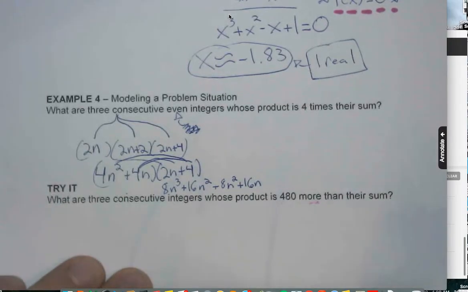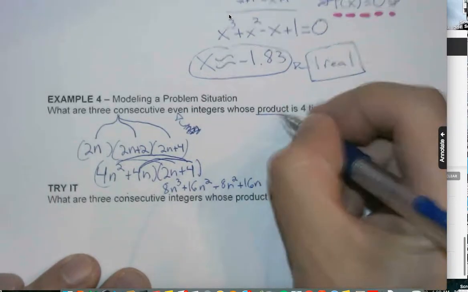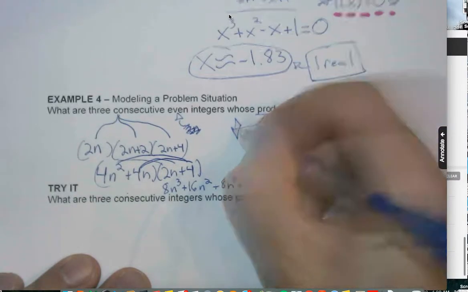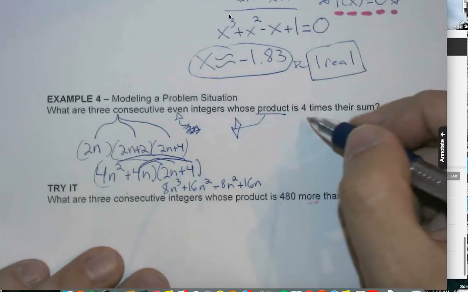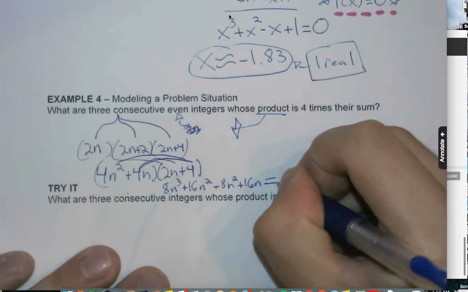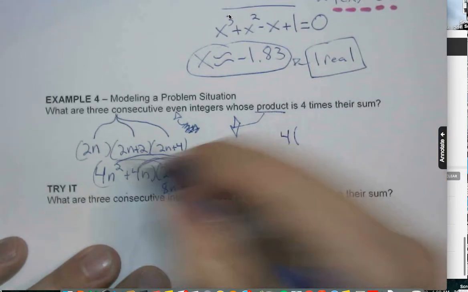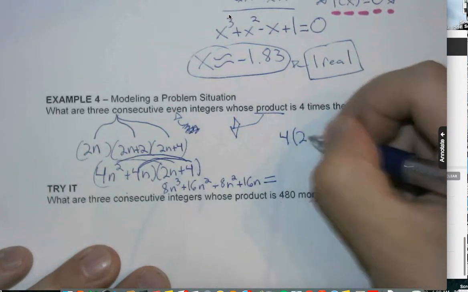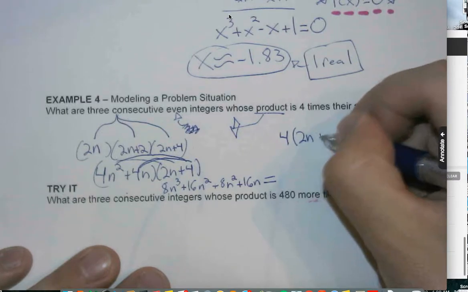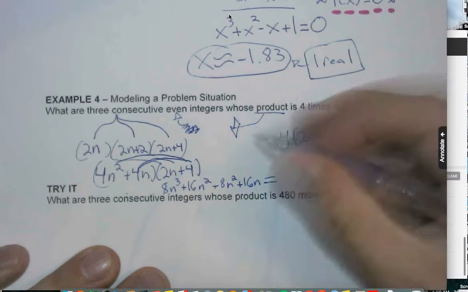And they're saying that this product, the product of all these, this is already done on the left. And they're saying, when is this equal to 4 times their sum? So when is this equal to 4 times the sum of all of this, which would be the 2n plus the 2n plus 2 plus the 2n plus 4.